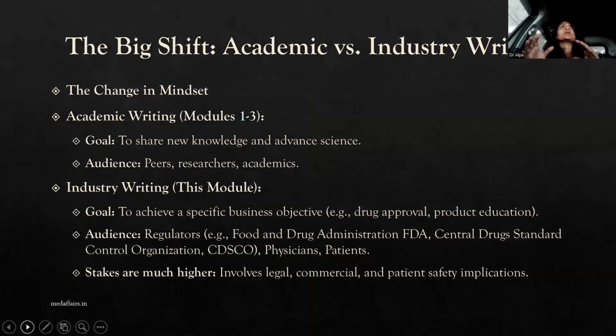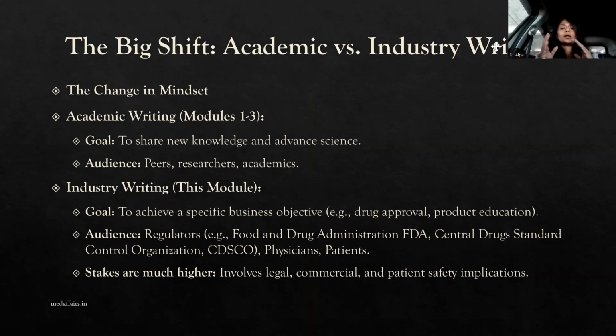So, before we go ahead with the first part of the session, we should understand the shift in the mindset based on the different requirements of industry writing. When we talk about industry writing as compared to academic writing, how do these two verticals vary?